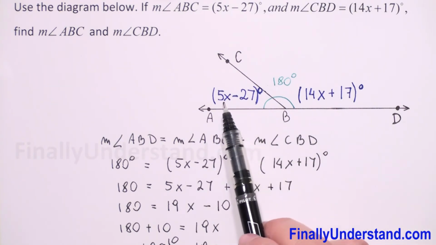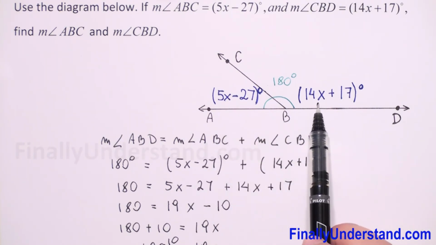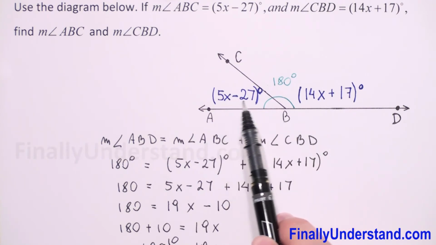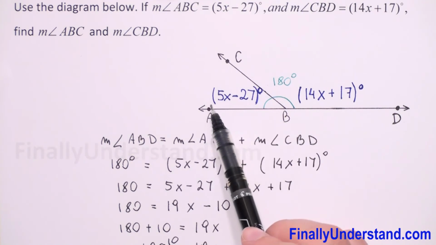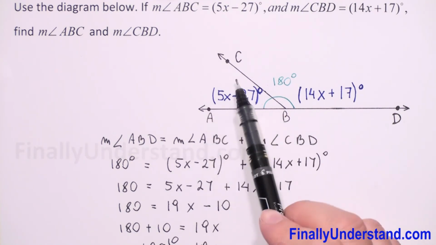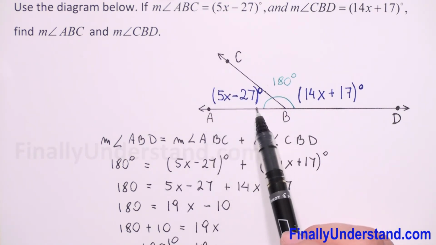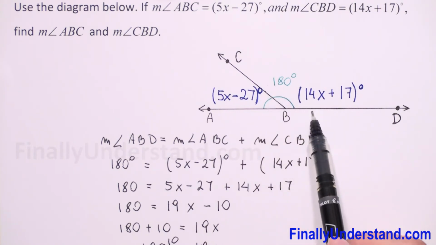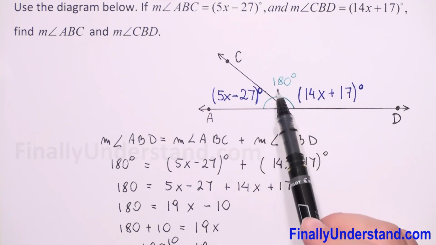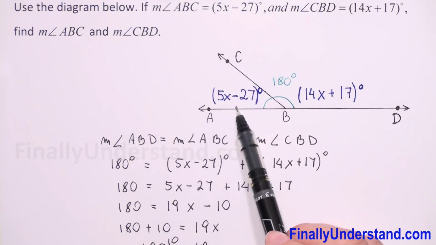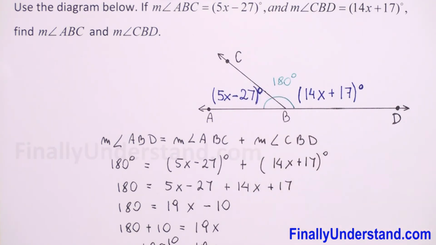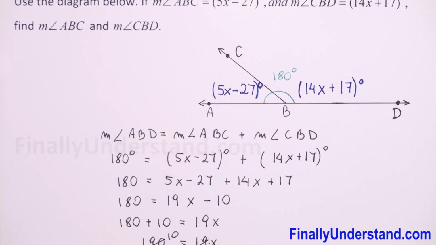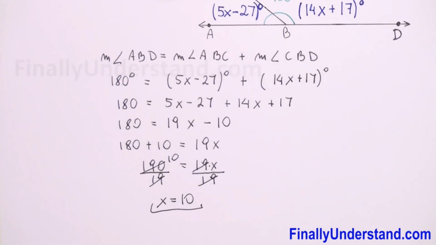We can substitute x by 10 and we will have the measure of the angles, or we can find one angle, for example ABC, and because we know that this angle is 180 degrees, we can subtract from 180 degrees the measure of this angle and we will have the measure of angle CBD. It doesn't matter which way you choose, the answer must be the same.